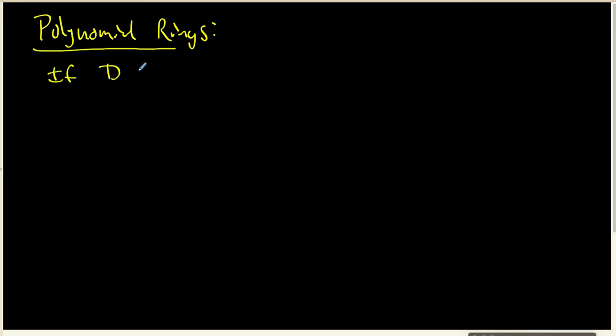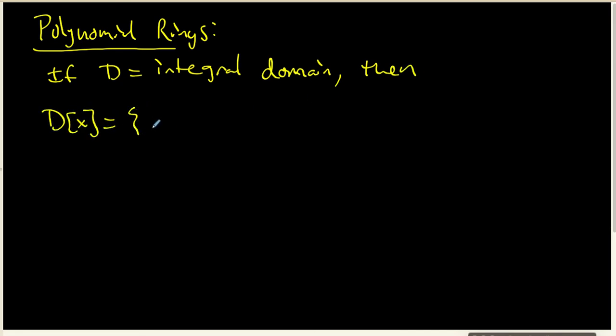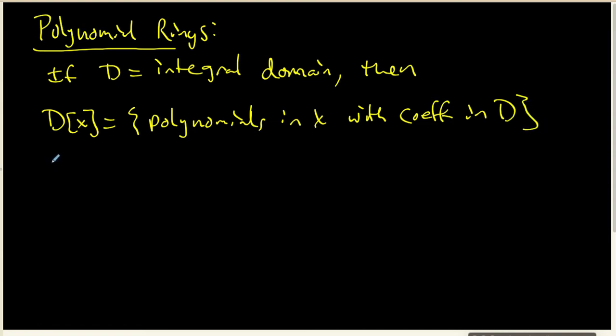If I take D being an integral domain, then D[x] is the set of polynomials in x with coefficients inside our domain D, and this particular set, under ordinary polynomial addition and multiplication, is an integral domain.